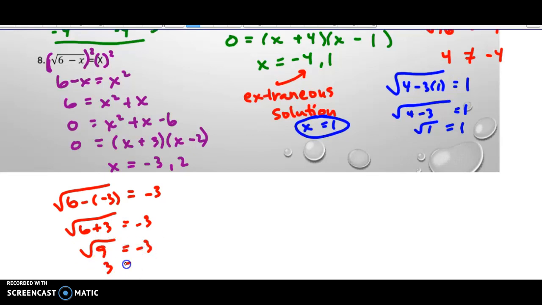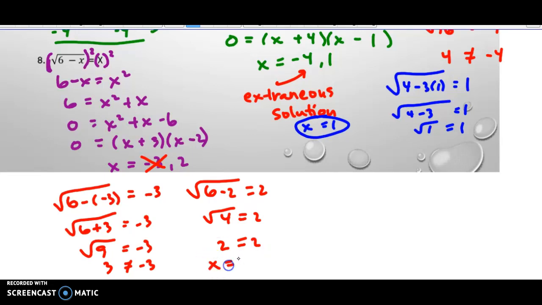And the square root of 9 is 3, not -3. So this is an extraneous solution. Let's check when I put 2 in here. So that's radical 6 minus 2 equals 2. 6 minus 2 is 4. Radical 4 equals 2, and 2 equals 2, so that checks out. So our only solution that actually works is x equals 2.